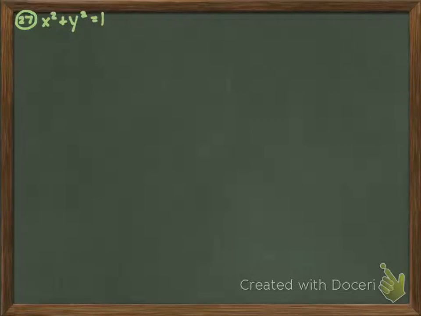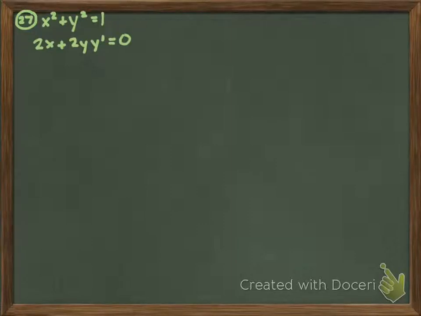All right, so we're simply finding the first and second derivatives. So we'll start with our first derivative. And what would that start with? 2x plus 2y, y prime, equals 0. Okay? So I'm going to divide through by 2.